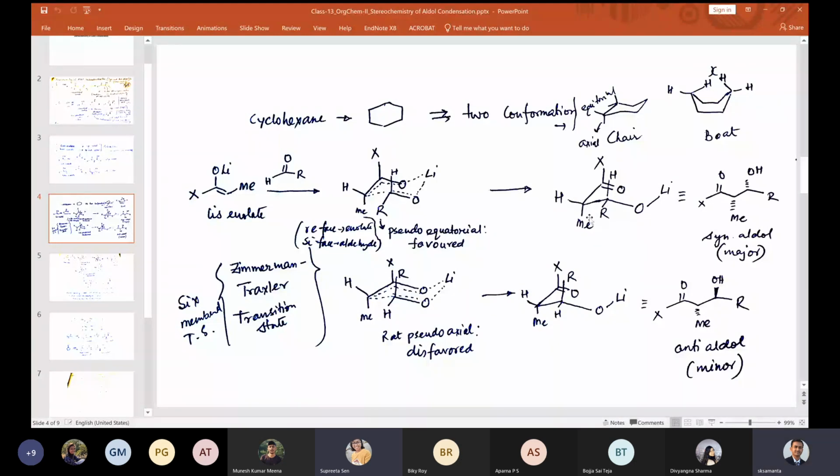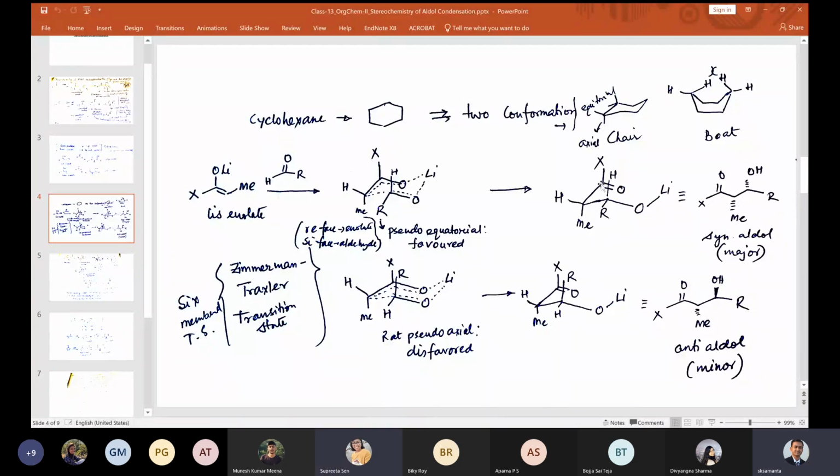After we get that product, we must find out what the stereochemistry is. For finding the stereochemistry, we consider the carbon connected to the R group, the carbon connected to the methyl group, and the carbonyl carbon in one plane.